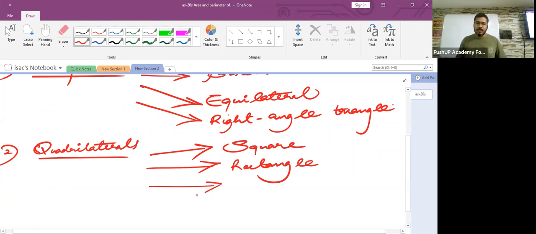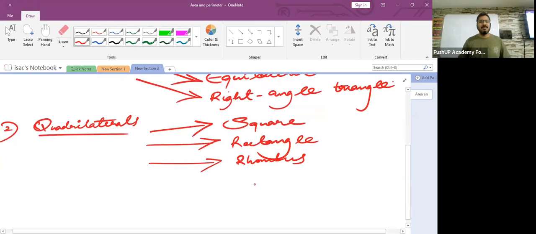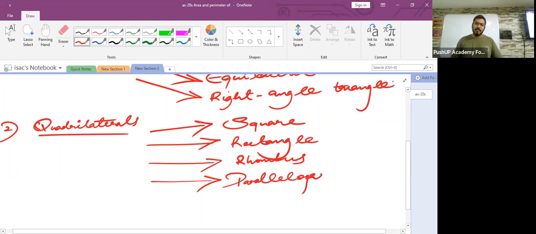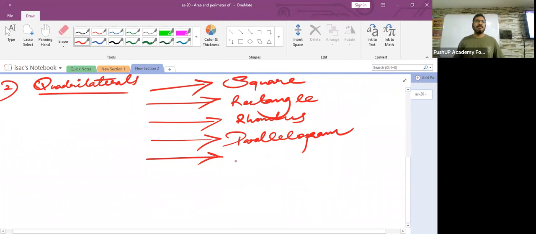The third one is a rhombus. The fourth one is a parallelogram. Make a note, children, so that before you start with the chapter, you have clarity on what all things you will get to learn. After parallelogram, what? Trapezium, isn't it? You will get to learn about trapezium.